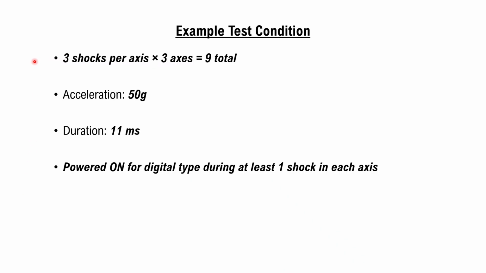Example test conditions: 3 shocks per 3 axis, that could be 9 in total, acceleration 50 g, duration 11 milliseconds, powered on for digital type during at least one shock in each axis.